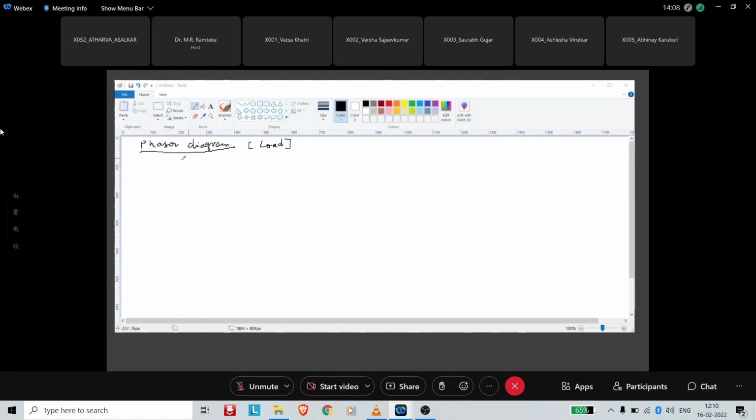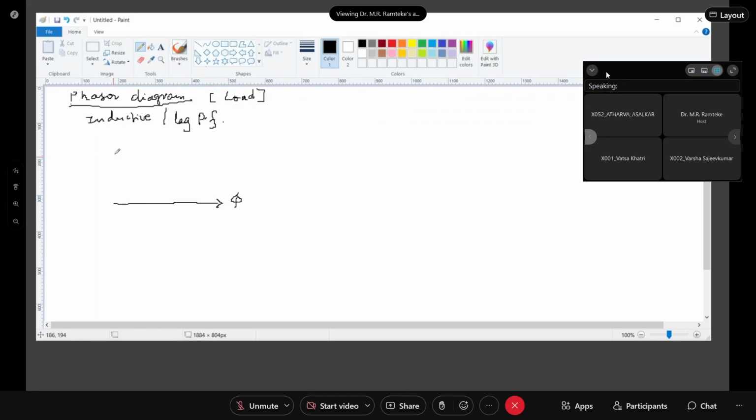Now let us say we start with an inductive load, inductive or lagging power factor load. Clear? Lagging PF load. Now I start. As I told you, my drawing is not so good. So we start with this. This is my phi.